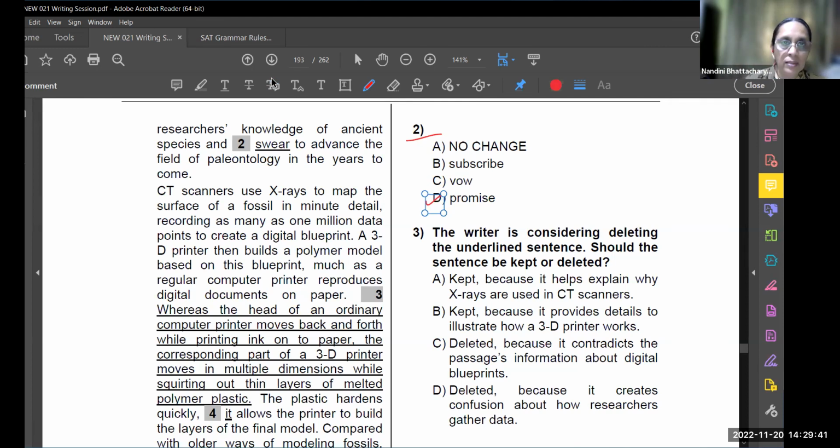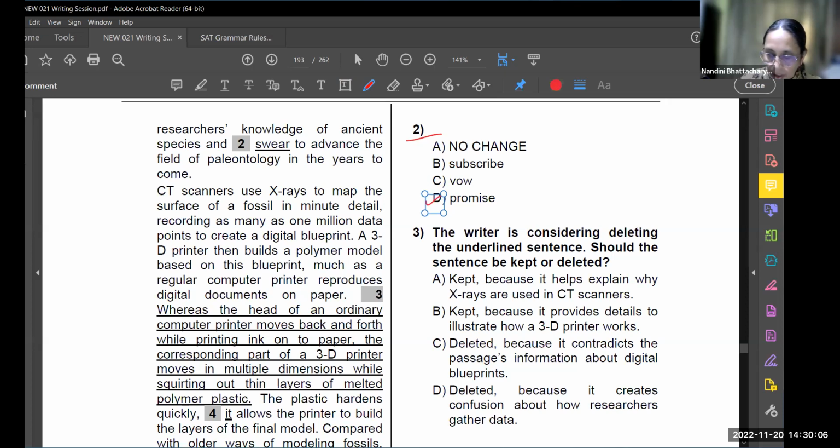More or less, it's a scientific passage. So we will go with a formal tone, right? And that's why we will not take vow and swear, and subscribe doesn't really fit into the meaning of the word. So we will go with promise. So here's where your application of identifying the tone comes in.